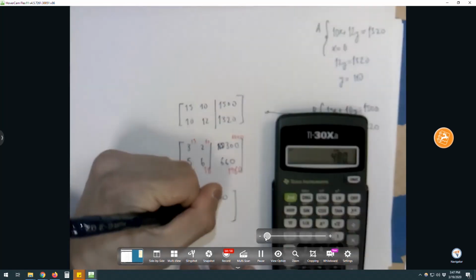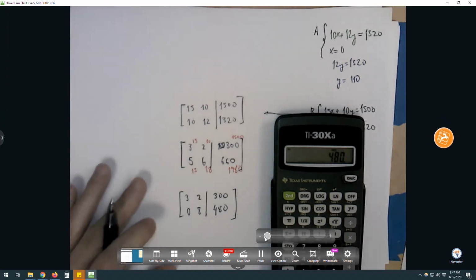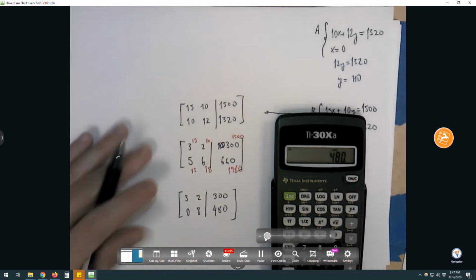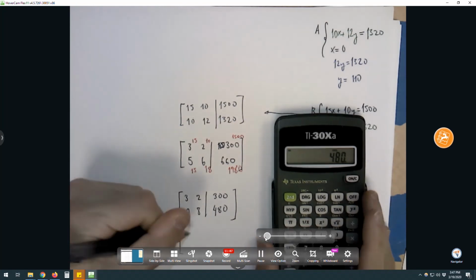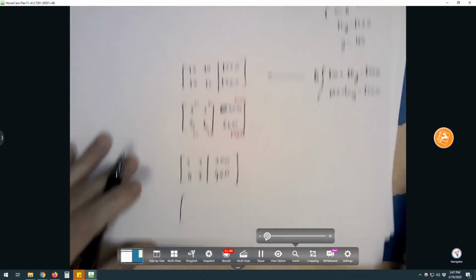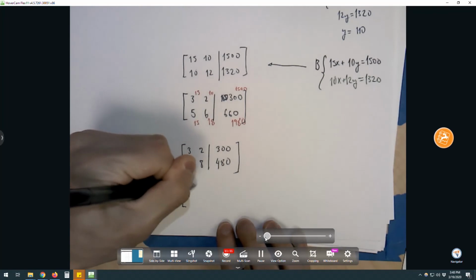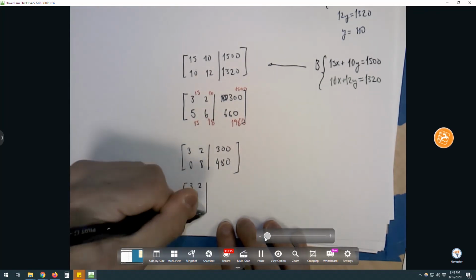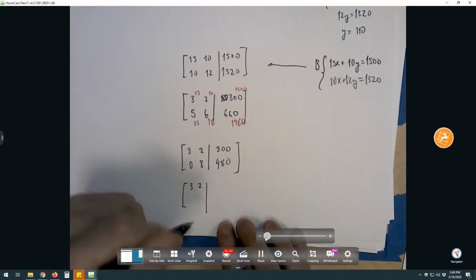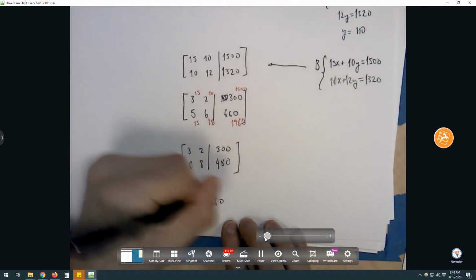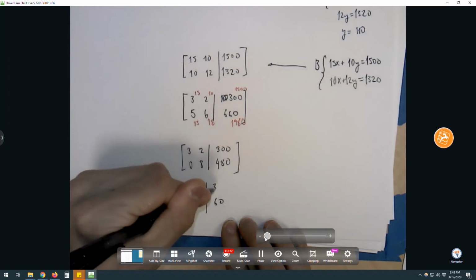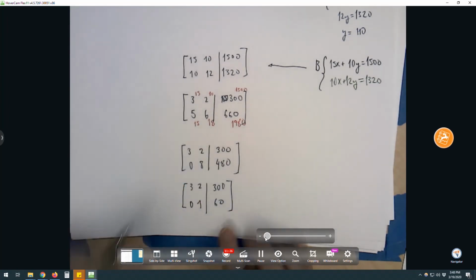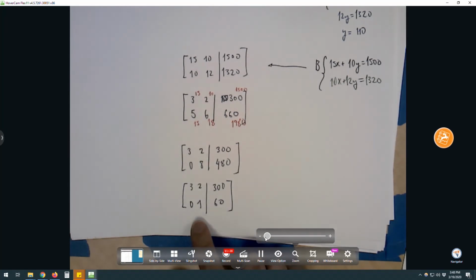That's why the calculator's there. We get 480. And this now, we'll be able to solve nicely. So 480 divided by 8 is 60. So now we know that y is 60.